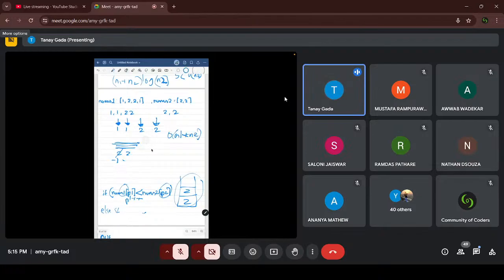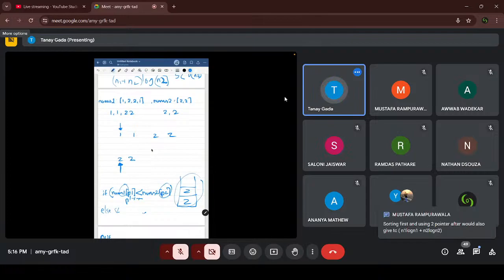To optimize this, we are traversing both the arrays together. If we are having 1, 1, 2, 2 and 2, 2, we have the pointers at the start. This element is pointing to 1 and this is pointing to 2.